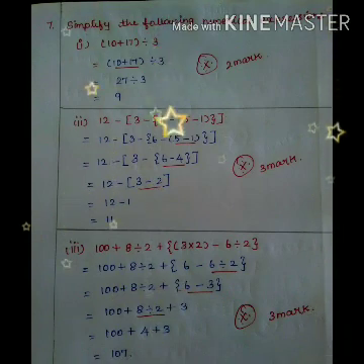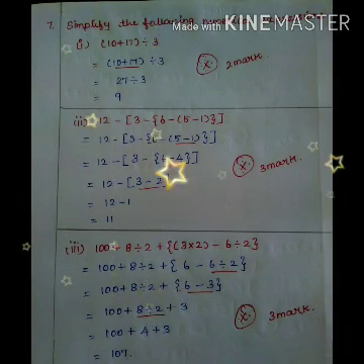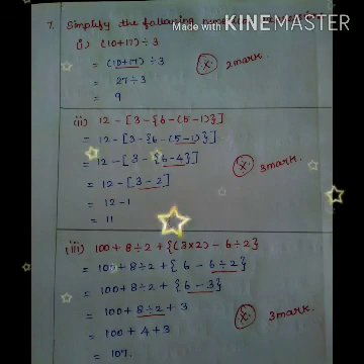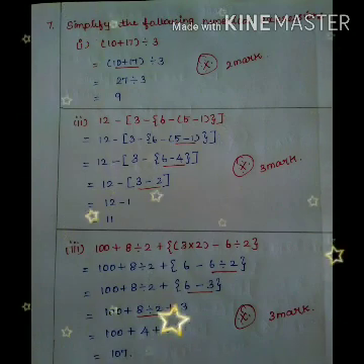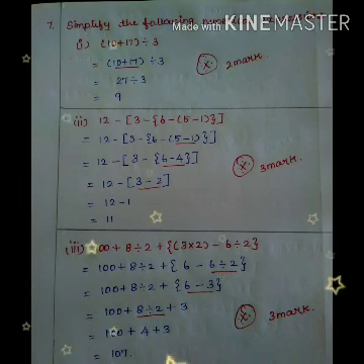So 4 plus 3. Finally everything is addition only: 100 plus 4 plus 3 equals 107.